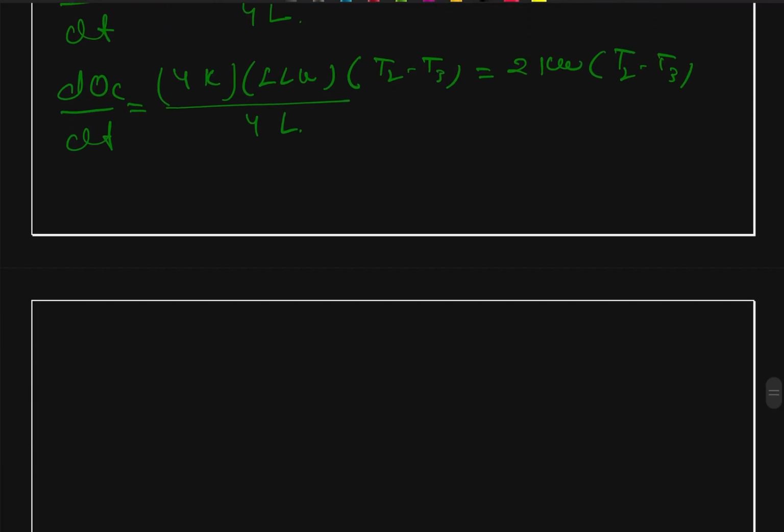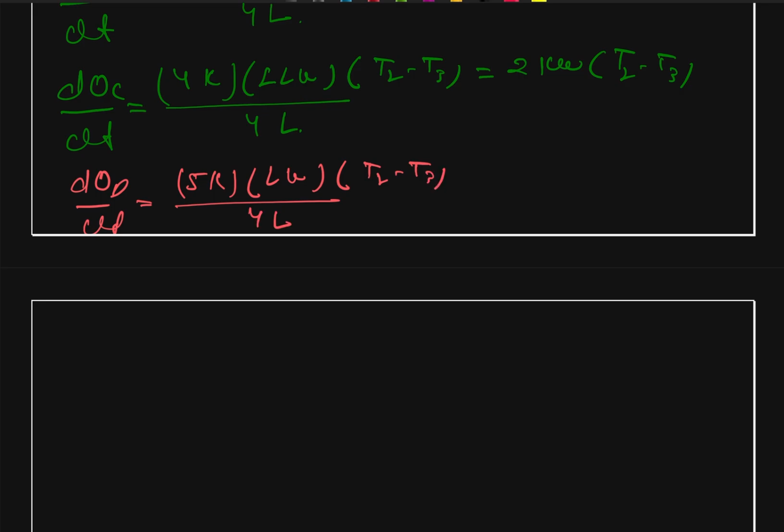And now we come to our D, which is our 5K LW, and this is also our T2 minus T3 and divided by 4L, which comes as 5 by 4 kW T2 minus T3.